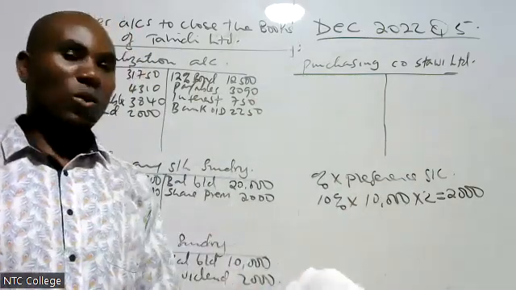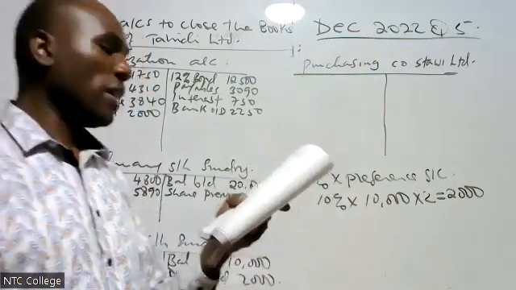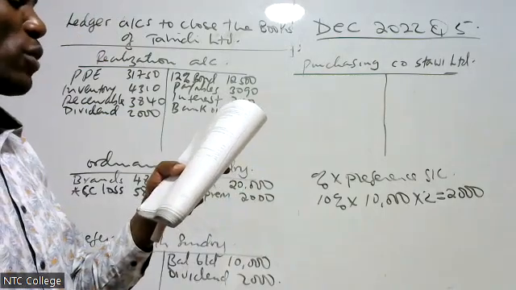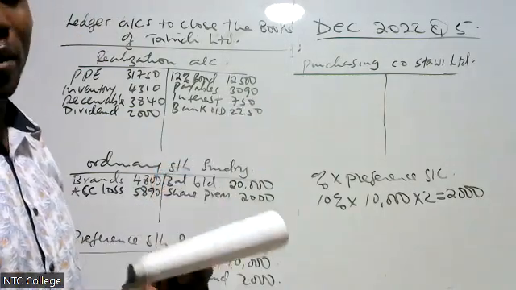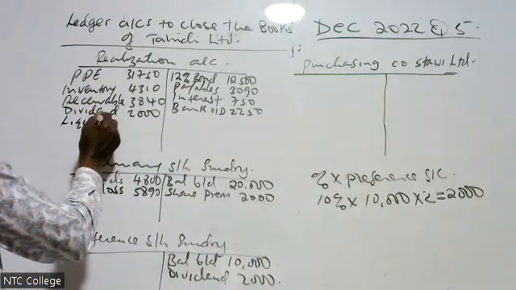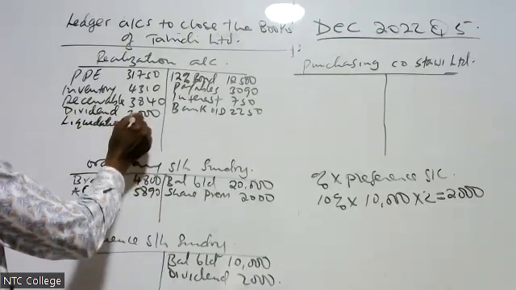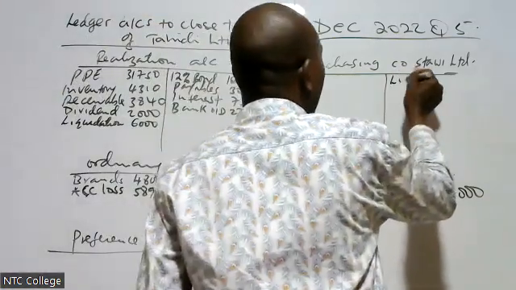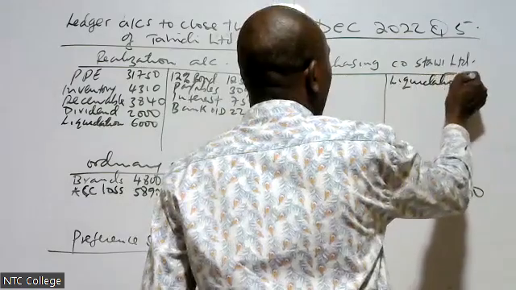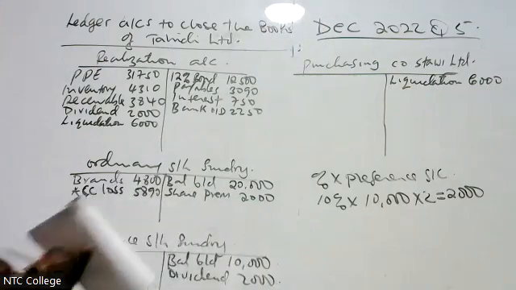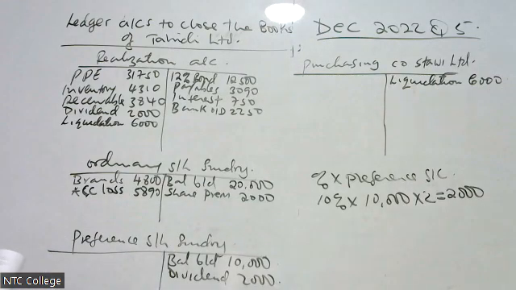When I check in this question, note number 9 says, liquidation expenses of Dahili Limited amounted to 6 million and were settled by Stawi Limited. Therefore, I'm going to say here liquidation, 6 million. I credit Stawi Limited. I say liquidation, 6 million. I have accounted for the liquidation expenses.